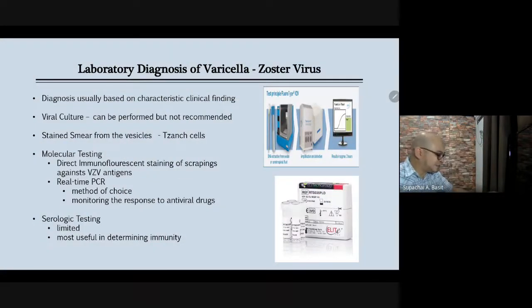Diagnosis is usually based on the characteristic clinical findings. Viral culture can be performed, but it is not recommended since it is not practical. A Tzanck test can be done by getting a smear from the infected vesicles, but you have to be careful. And then you stain it.